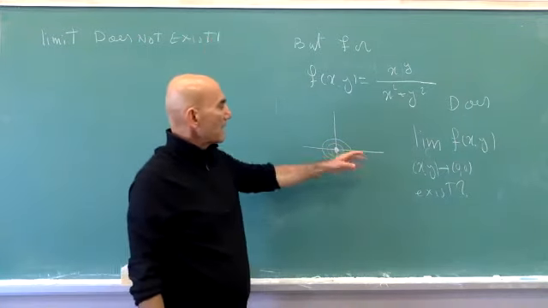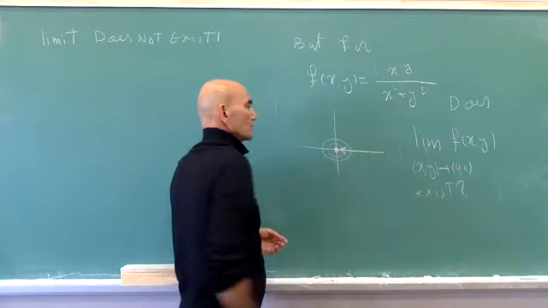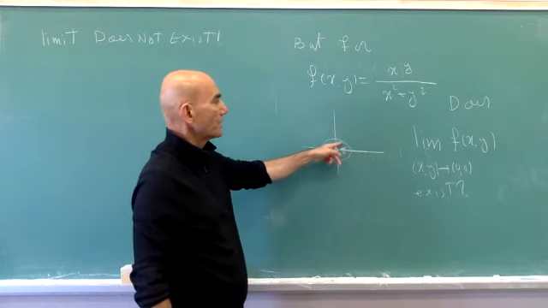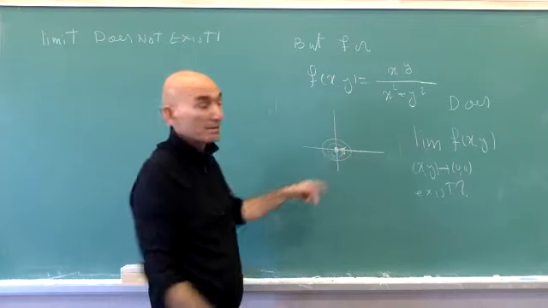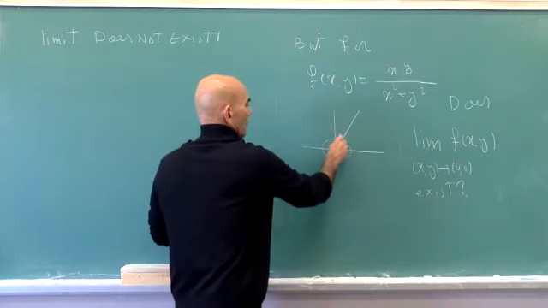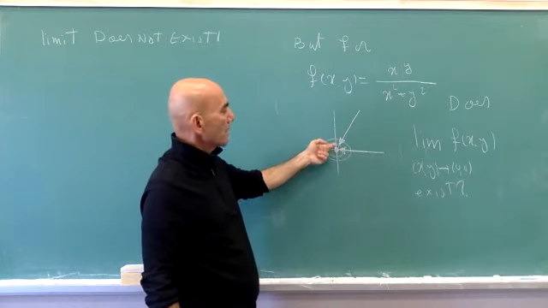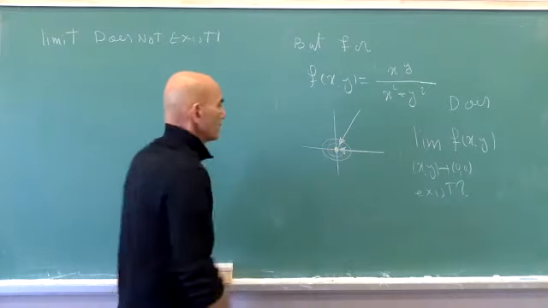The reason is that if you approach this point along this line, you get some value, but if you approach it along the bisector line x equal to y, you get another value. So the limit cannot exist. It's enough to show two directions along which you approach the origin but get different values.